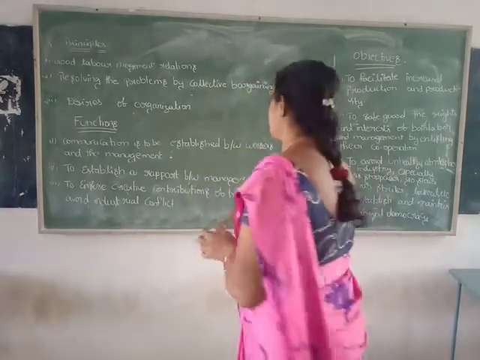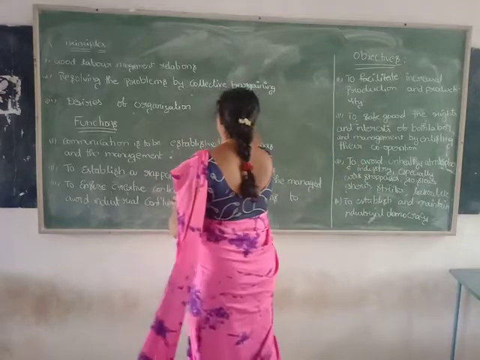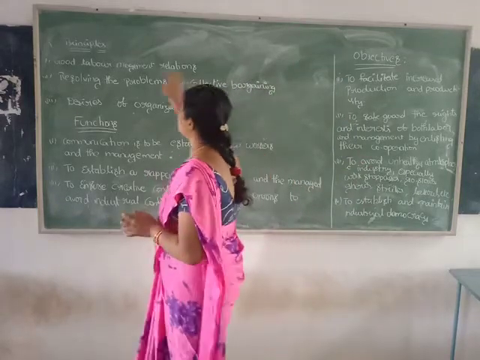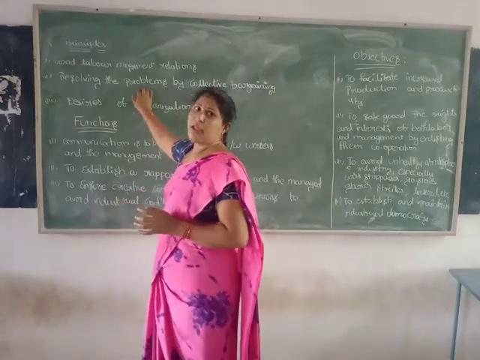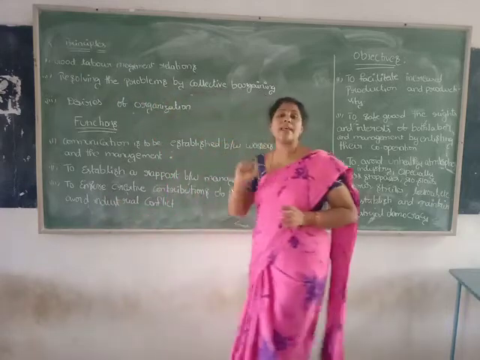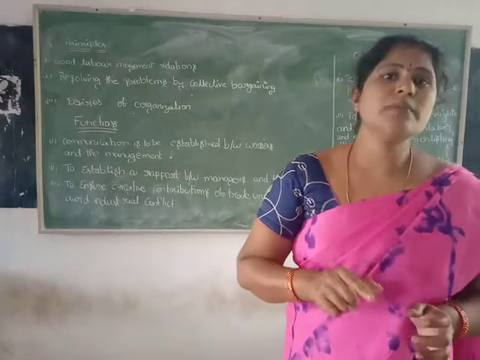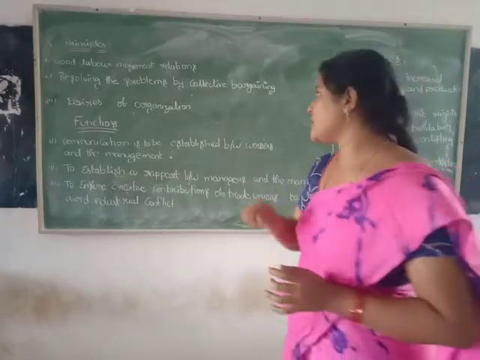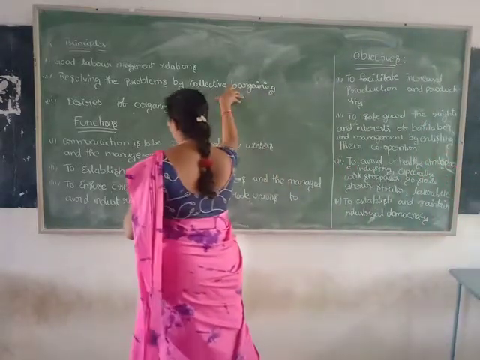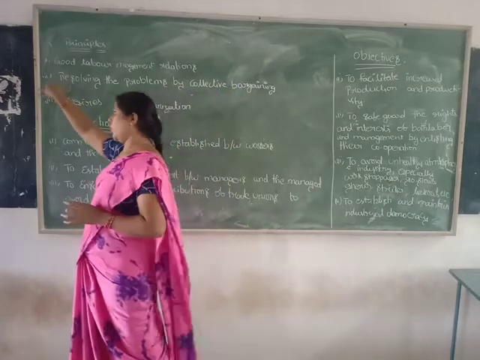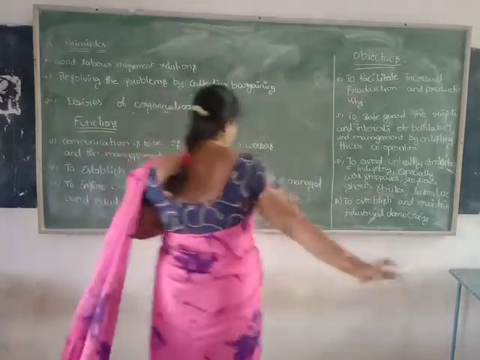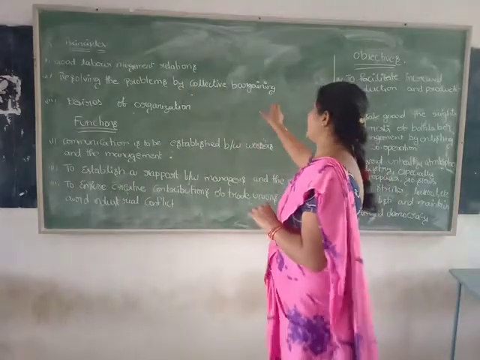Like that, collective bargaining is about whatever problems happen to the employees. For whom are the problems happening? To the employees. Whatever problems are happening to the employees, they make a collective bargaining and resolve them. Okay, bargaining.